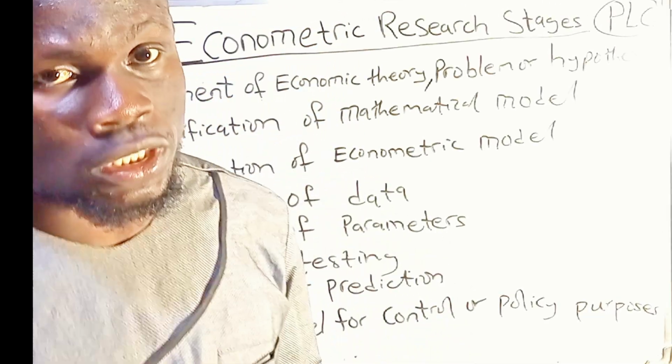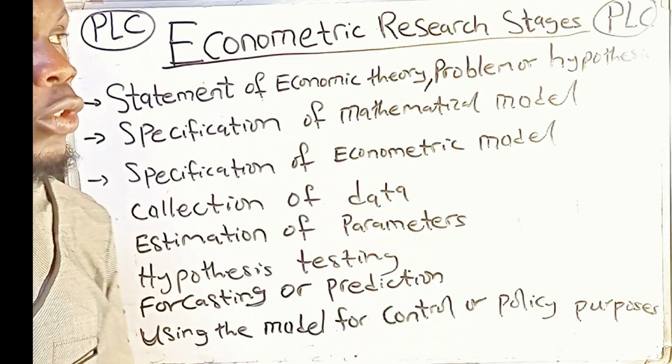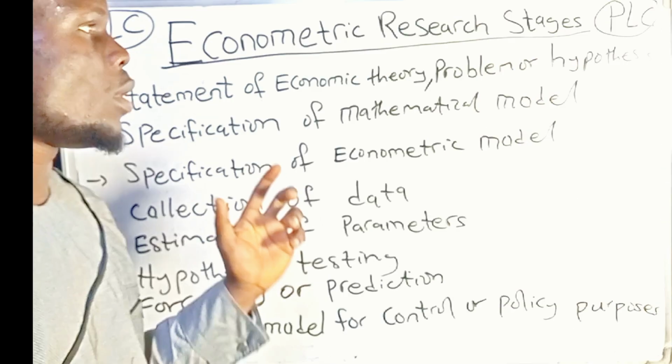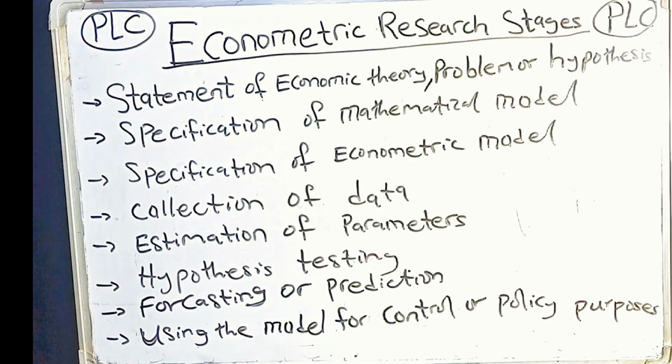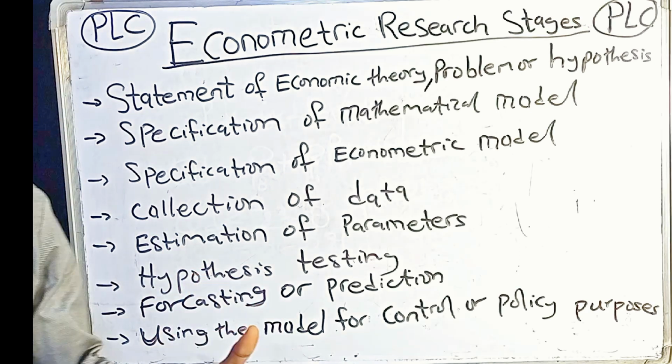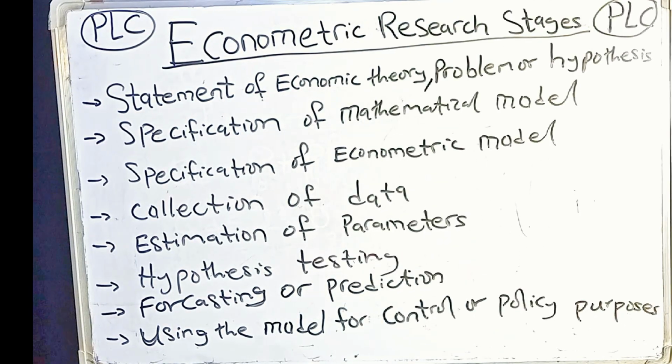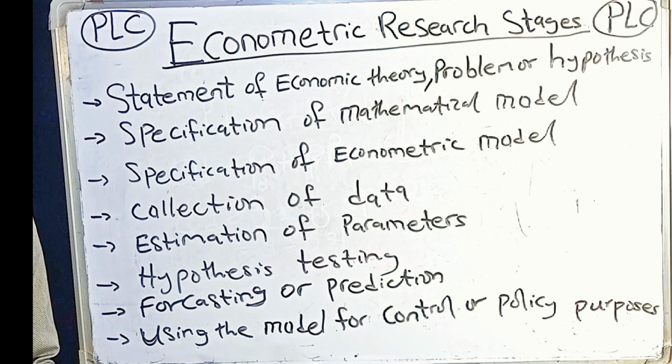When the discussion on econometric research stages comes on board, you can call it the same thing as econometrics methodology. Now, in econometrics, we attempt to evaluate, analyze, and empirically verify economic theories. But the question now is, how does an econometrician go about his econometrics analysis? How is it done?